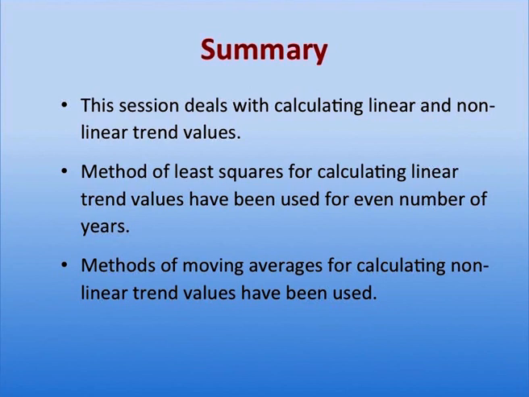Next, we calculated the non-linear trend values, wherein the straight line equation will not be there, by the method of moving averages. Examples have been worked out in calculating 5 yearly, 7 yearly and 4 yearly centered moving averages.